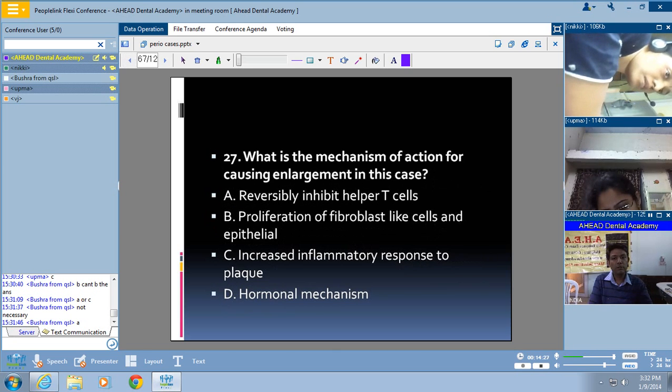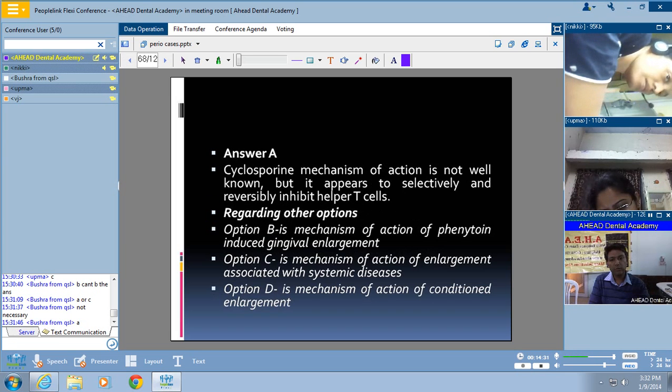We read that proliferation of fibroblasts and epithelium is associated with phenytoin-induced gingival enlargement.